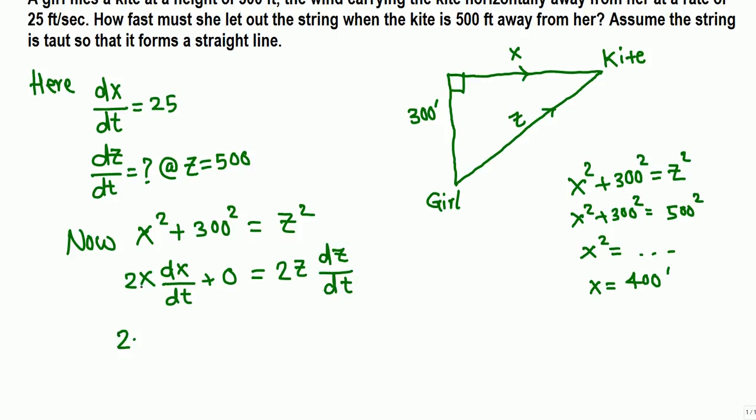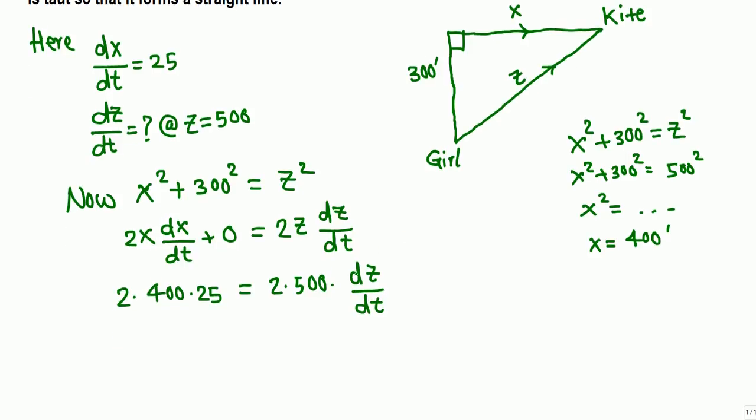So 2 times x, which we just found: the moment when g is 500, x is 400. So 2 times 400 times dx over dt, which is given as 25, plus 0. Equals 2 times g, which is 500, times dg over dt, which we need to find. To isolate dg over dt, we divide both sides by 2 times 500.